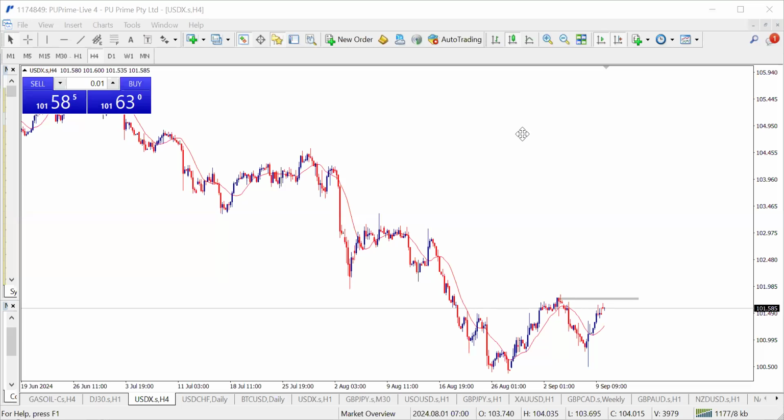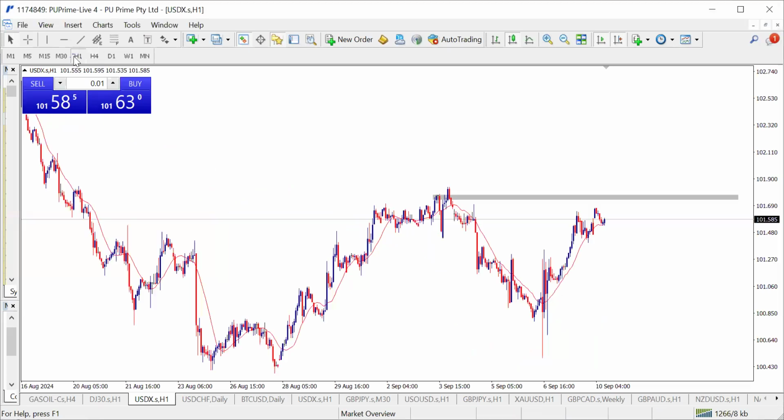So on the H1, let's see what's happening. Okay, on the H1, we can clearly see the structure of this market. The structure is very clear. Because the structure is very clear, we can see clearly that we are having a pull towards the top.